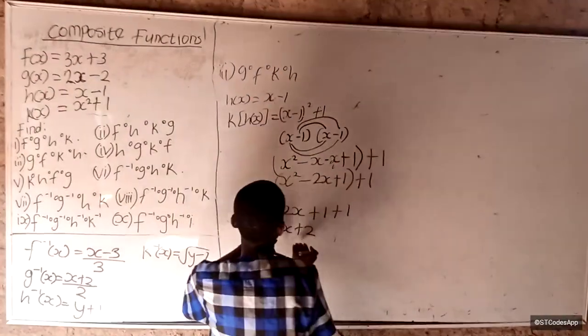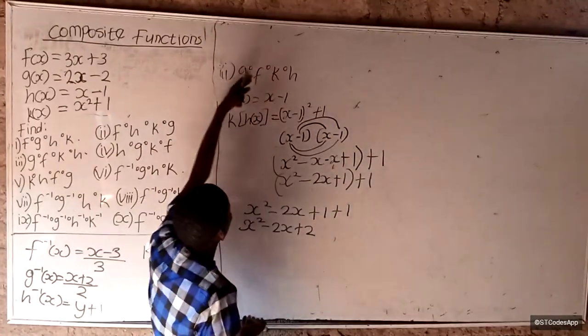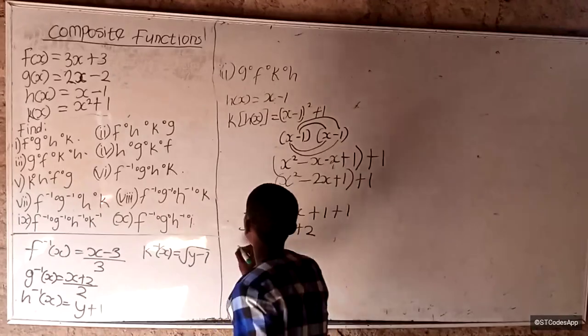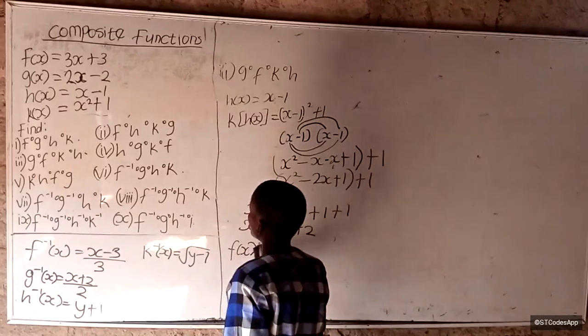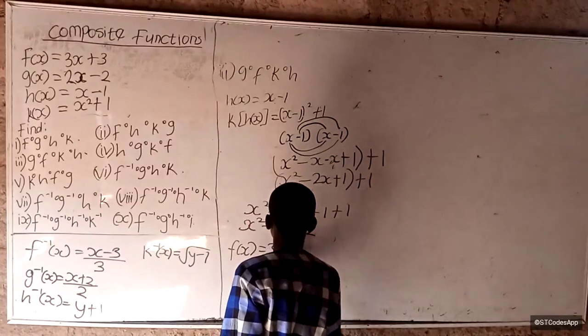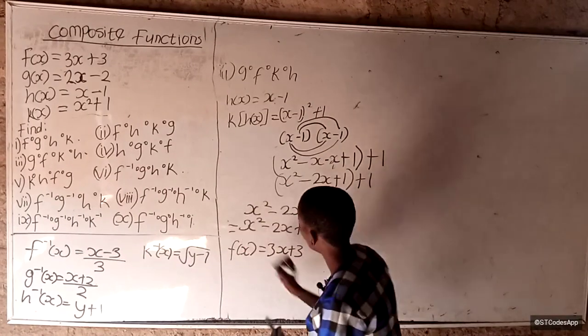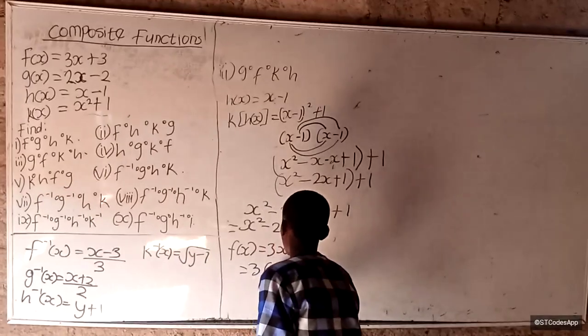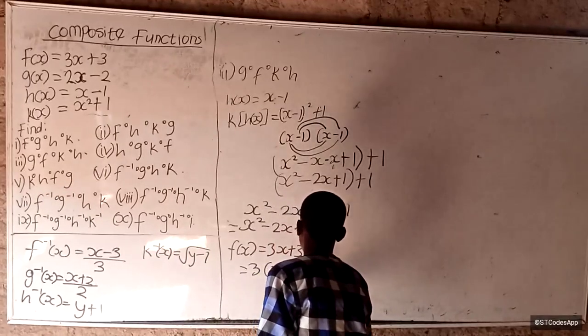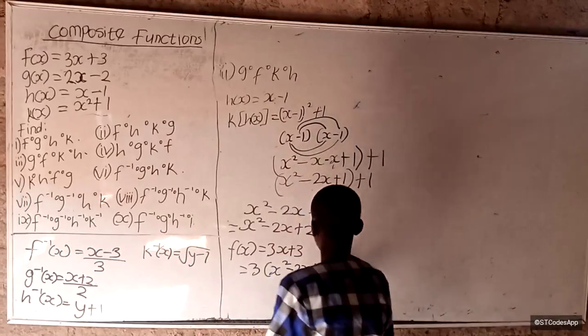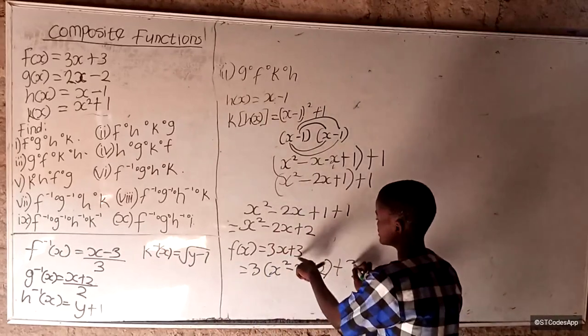We are going to input this value into f of x. F of x being 3x plus 3. This value here will represent our x here, and so we have 3 into bracket x squared minus 2x plus 2 close bracket plus the 3 here.